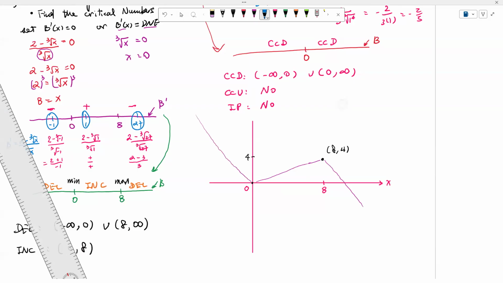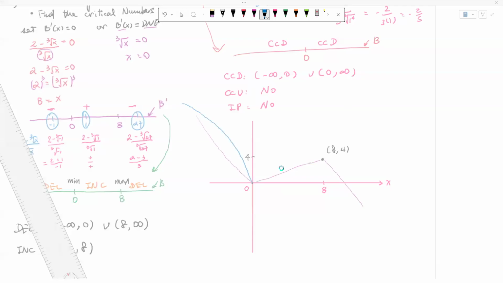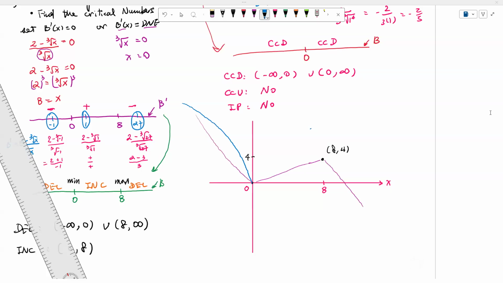So that means basically the function is concave down and then concave down again. So then this actually is my function b. Okay, so thank you.